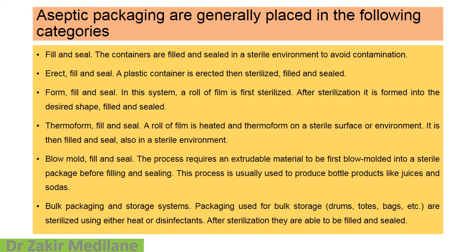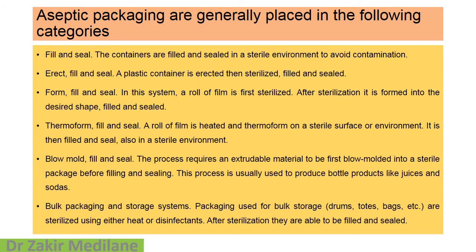The process requires an extrudable material to be first blow molded into a sterile package before filling and sealing. This process is usually used to produce bottle products like juices and sodas. So this is the general method they follow for aseptic processing techniques, that is the blow mold, fill and seal method.